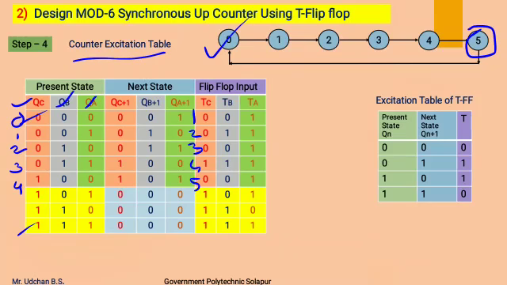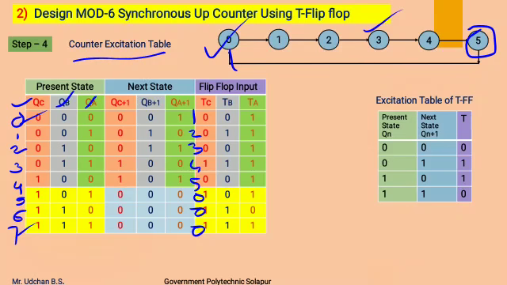After state 5, the counter has to go to 000. Therefore for 5, that is 101, the next state is written as 0 instead of 6, that is 000. For present state 6, the next state should be 7, so we have to avoid that also. So for that also the next state is 0, and for 7 the next state is also 0, which is written as 000.